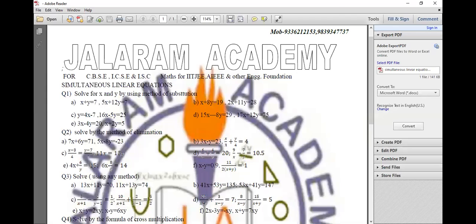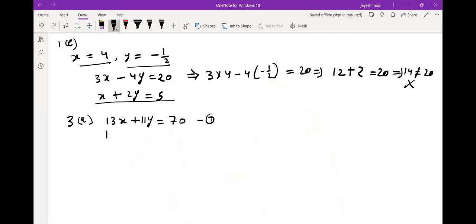Sir, 13x plus 11y is equal to 70. 11x plus 13y is equal to 74.